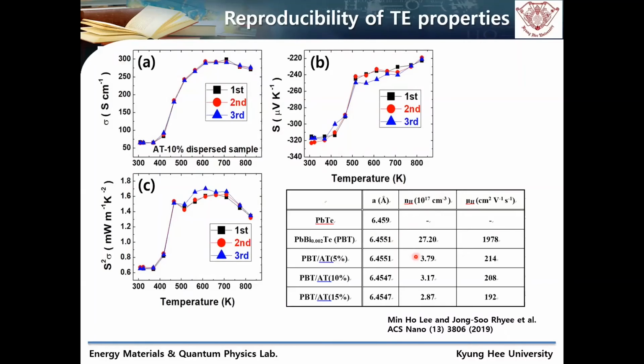In many cases, the decrease of whole charge carrier concentration can increase the whole mobility, because of decreased electron scattering. But in this case, whole mobility becomes very small, also decreasing by one order of magnitude. It means that there is strong charge localization by using the silver telluride.